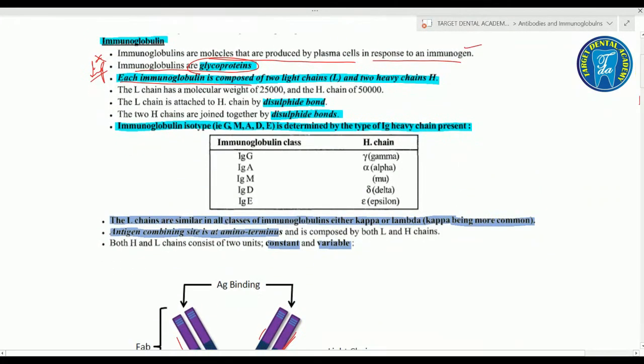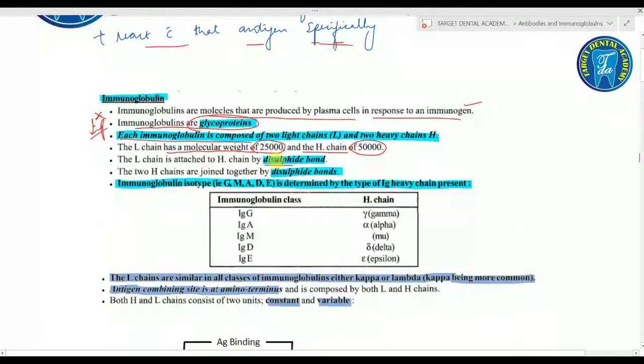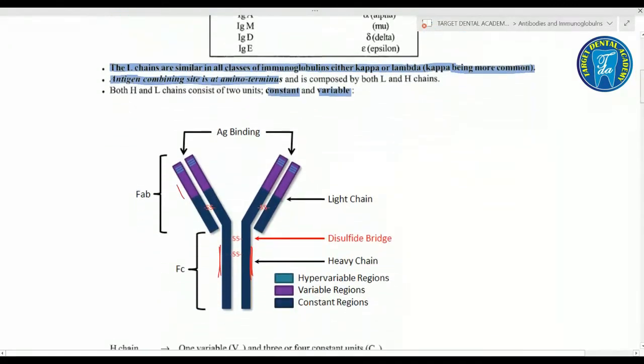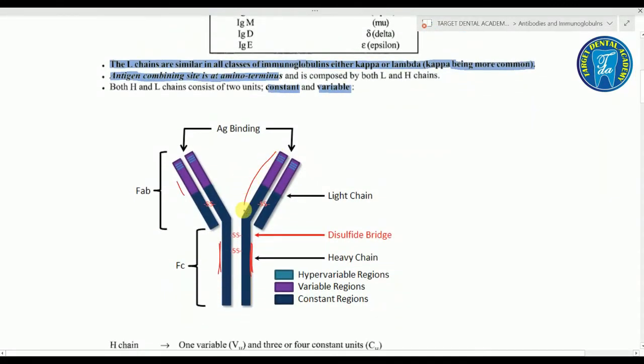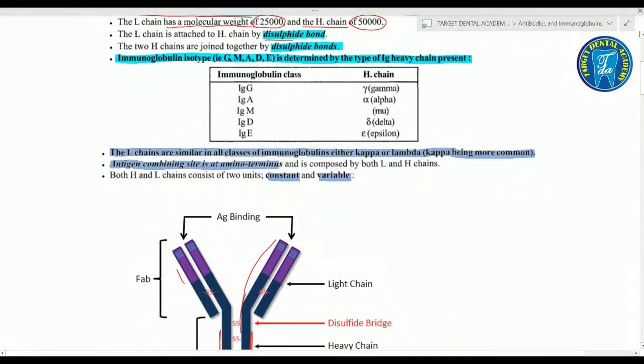The light chain has a molecular weight of about 25,000 while the heavy chain has a molecular weight of about 50,000. The light chains are attached to the heavy chains by a disulfide bond. This is the disulfide bond.